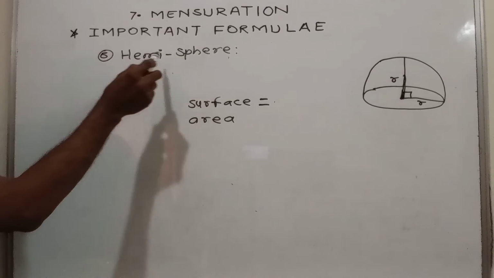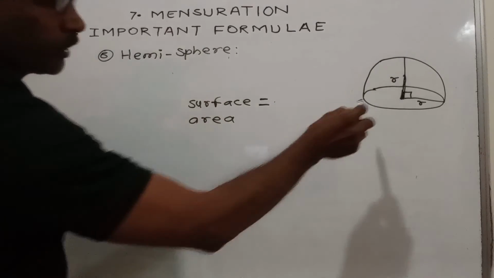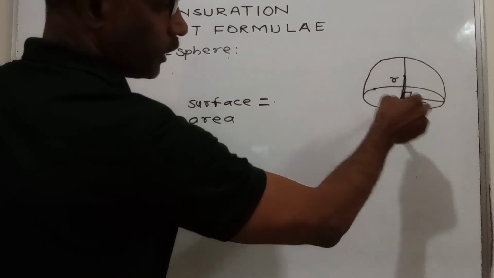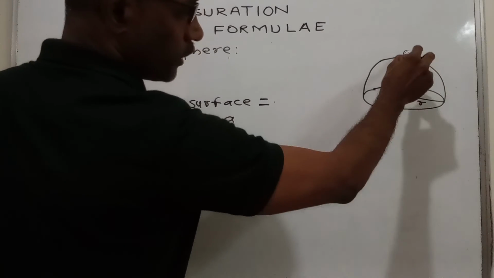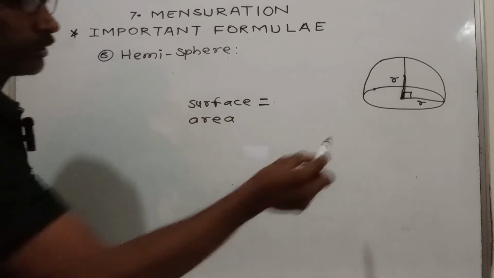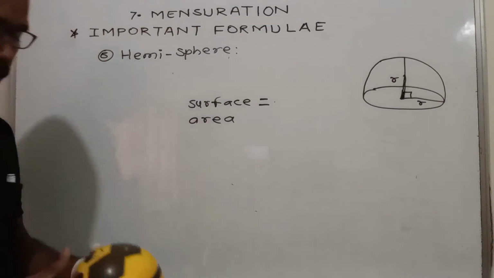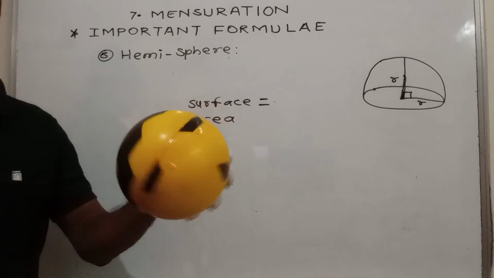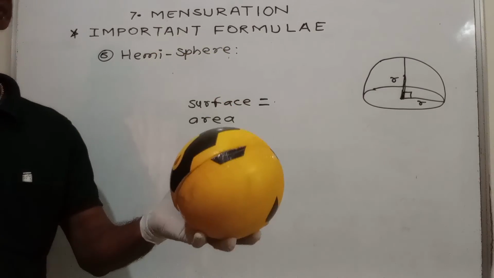Now sixth one, hemisphere. See this is the figure of a hemisphere. This is what we say radius. This is also inside radius. This is outside. See here. Now this is a sphere.